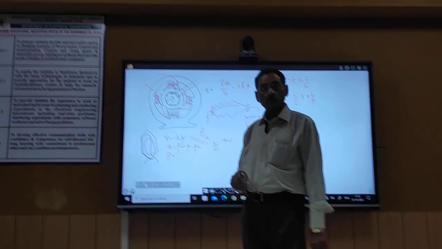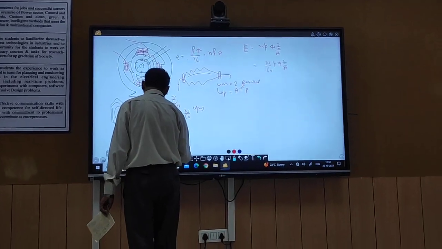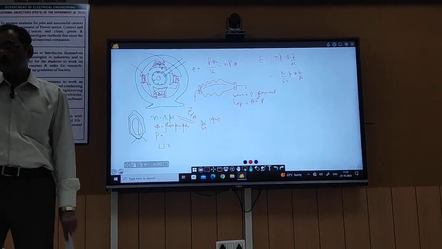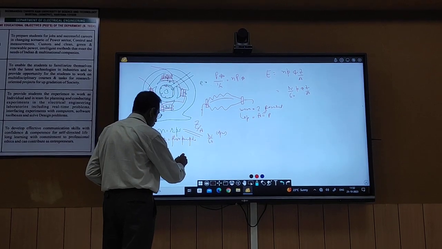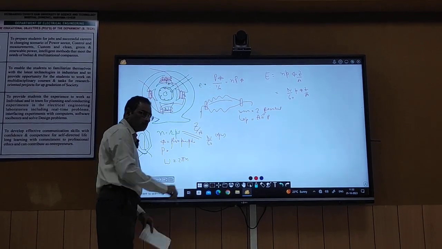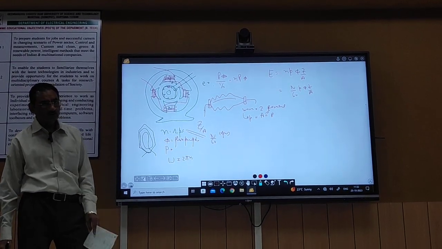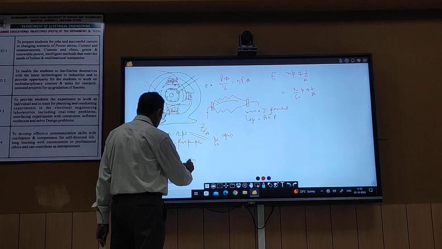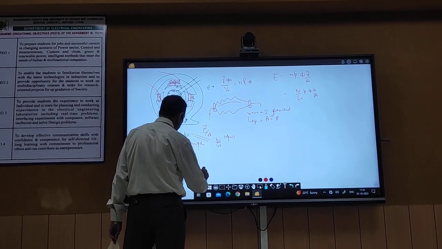Now sometimes in terms of omega. What is omega? Angular speed of the rotor, omega is equal to 2 pi n, where n is the rotation per second. So in place of n, you can write omega by 2 pi.